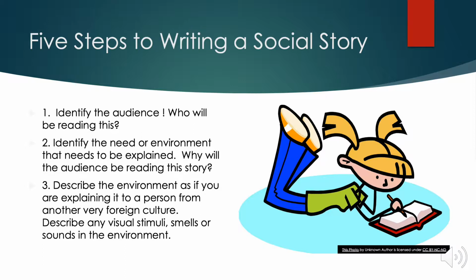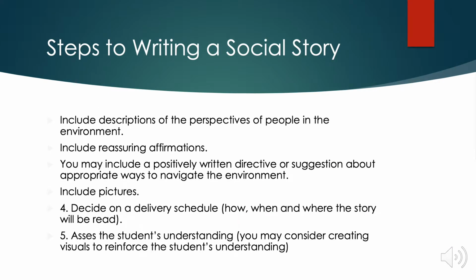Describe the environment as if you are explaining it to a person from another very foreign culture. Describe any visual stimuli, smells, or sounds in the environment. Include descriptions of the perspectives of people in the environment.